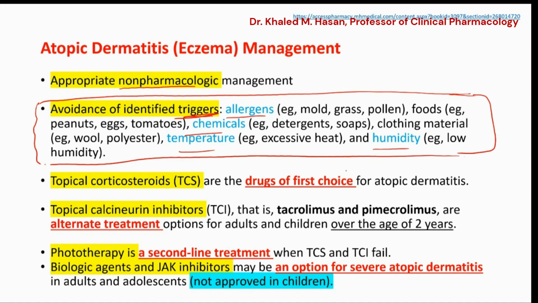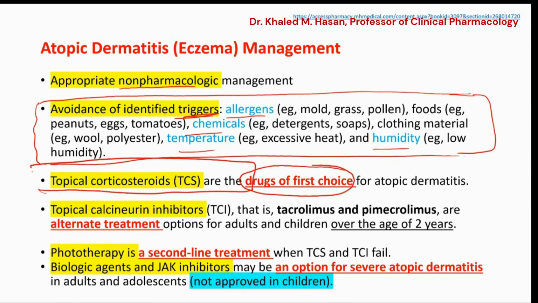Okay, what is the drug of choice? The first drug of choice for atopic dermatitis is topical corticosteroid. This reminds us of psoriasis, where the first drug of choice is also topical corticosteroids. Number one. Alternative treatment to number one: topical calcineurin inhibitor.